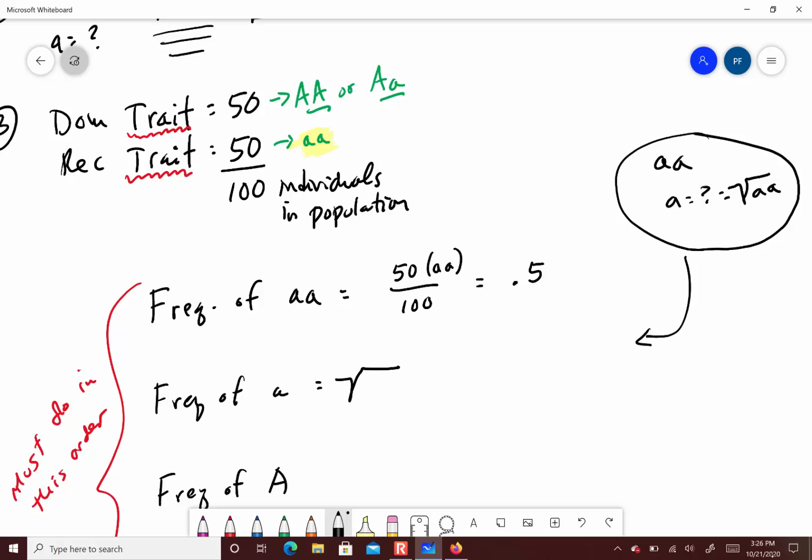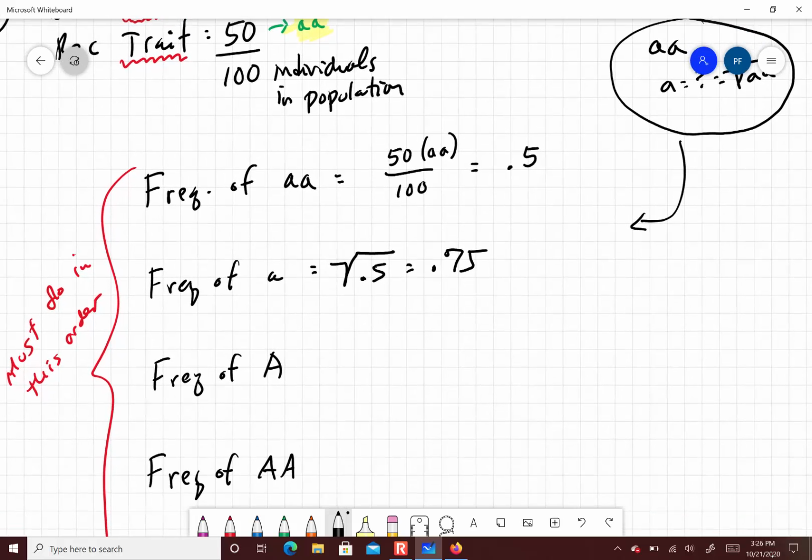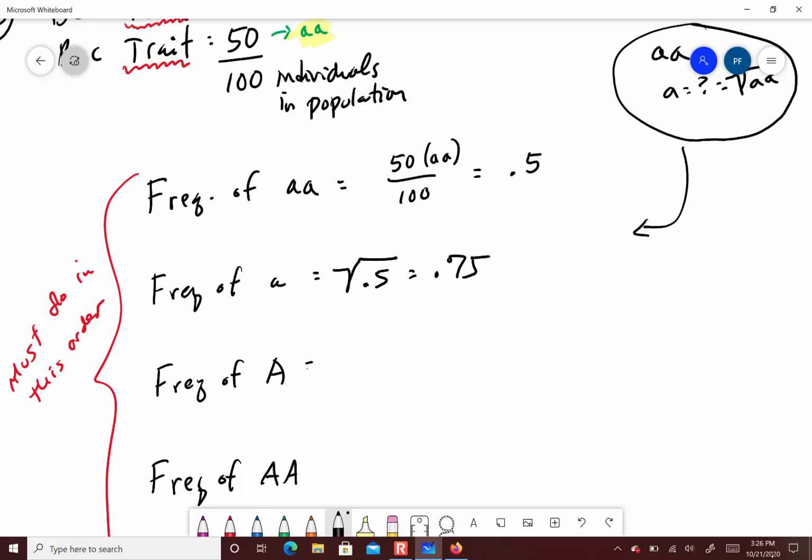So for a, we take the square root of 0.5, 0.75. And then we know from everything we've done already that these two things have to equal 1. So here we just go 1 minus 0.75, 0.25.